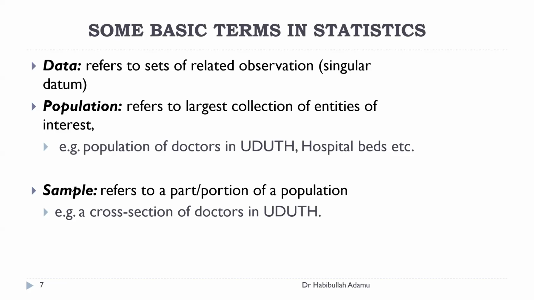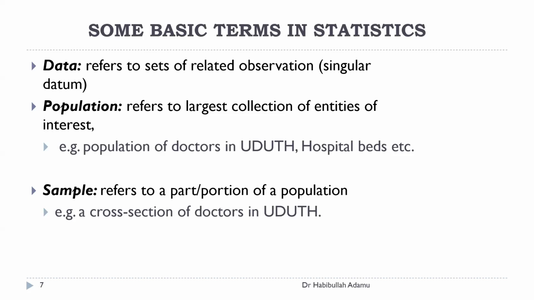Then sample. Sample is a portion of a population or a section of a population. So if your population of interest, your study population, is, for example, medical students of a particular school, your sample will be a cross-section of those students. Maybe you pick a representative sample from each school.